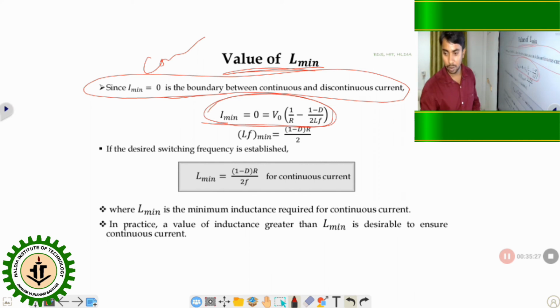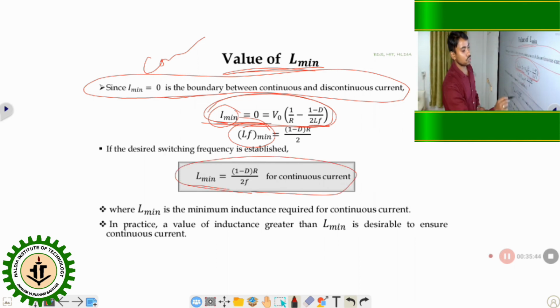This is for the continuous current. Below this critical value of the inductor, the current cannot be continuous; it will be discontinuous. Our aim is that our circuit should be in continuous current. So only by using the I minimum current, if we put I minimum equal to 0, we can get the L minimum value. Clear?